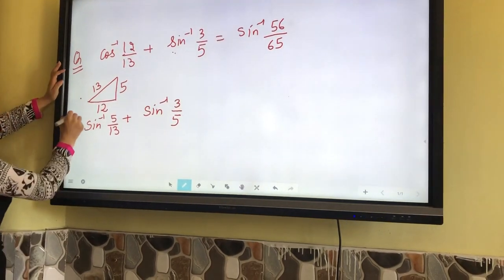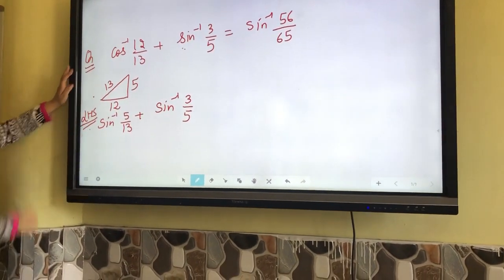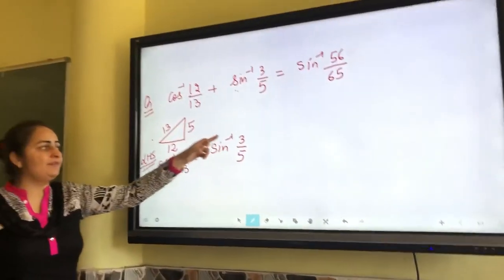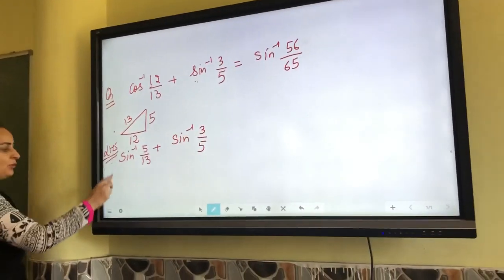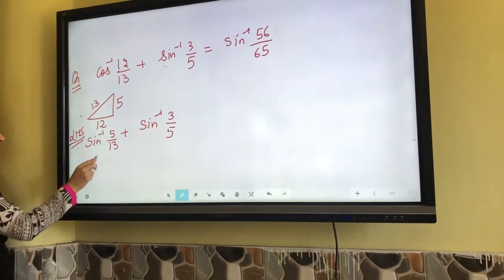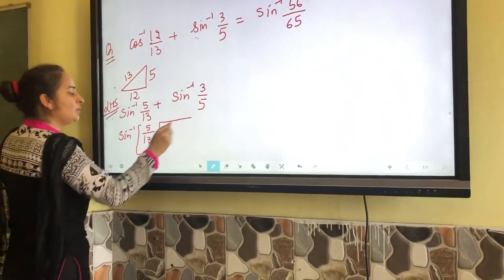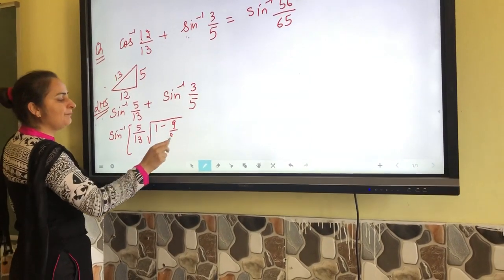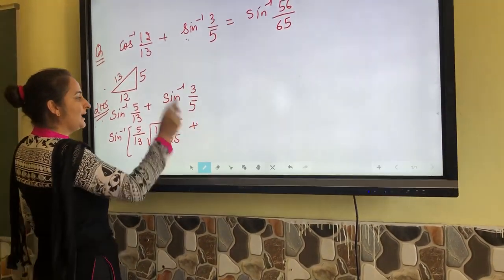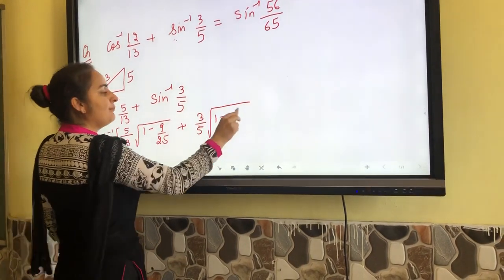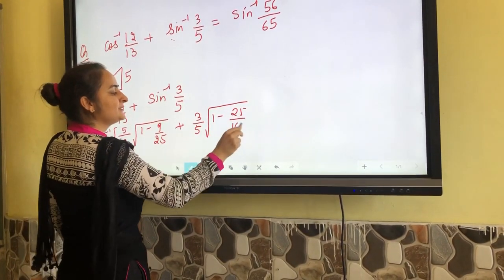This is the left hand side. Now sine inverse A plus sine inverse B, what's the formula? Sine inverse of A under root 1 minus B square plus B under root 1 minus A square.